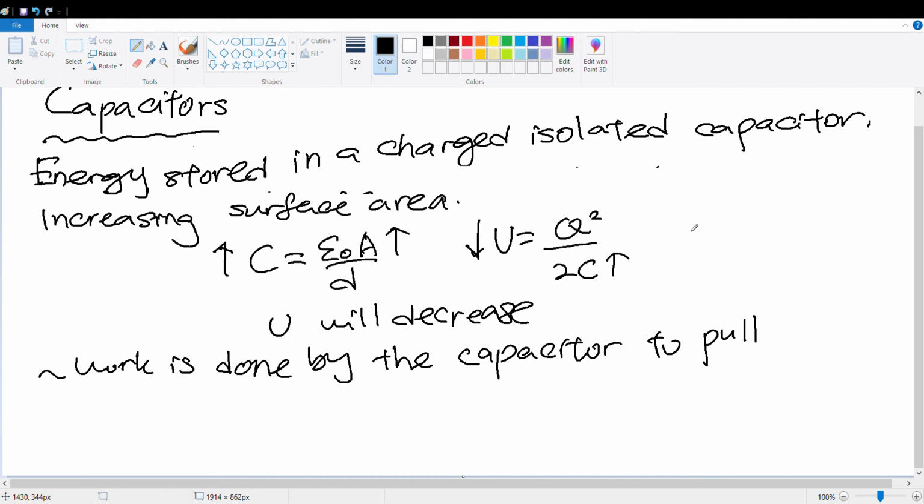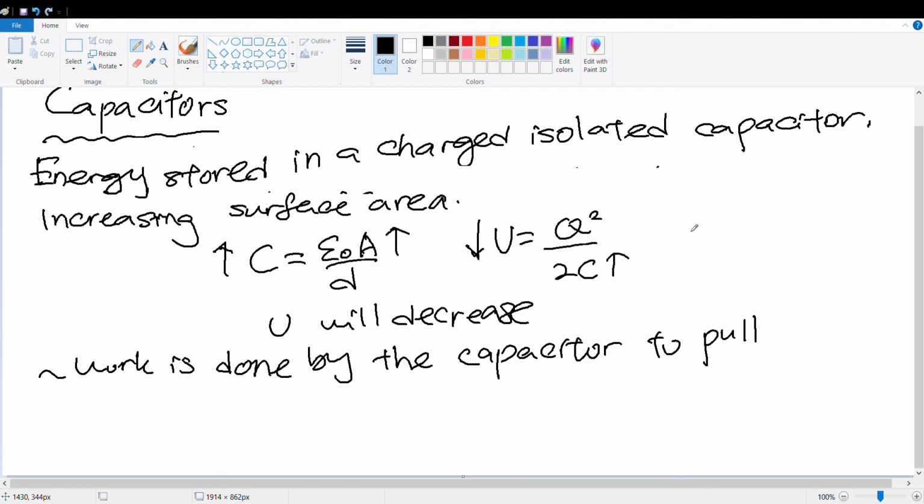I think there may be a mistake here. Effective area, pull the two plates. Yes, I think this is correct. So work is done by the capacitor to pull the plates in order to increase the plate's area.